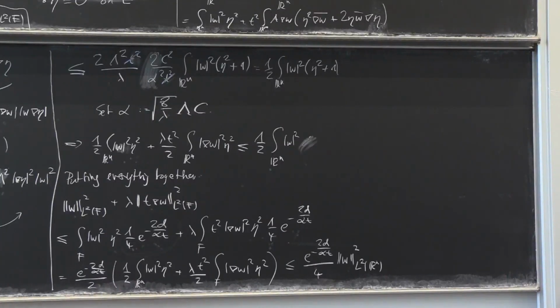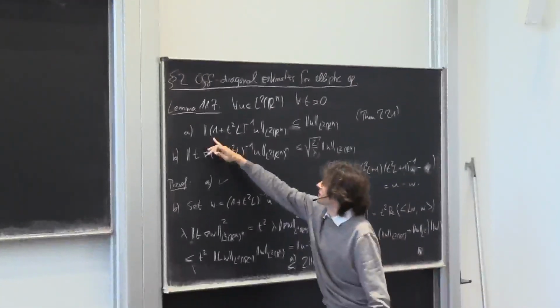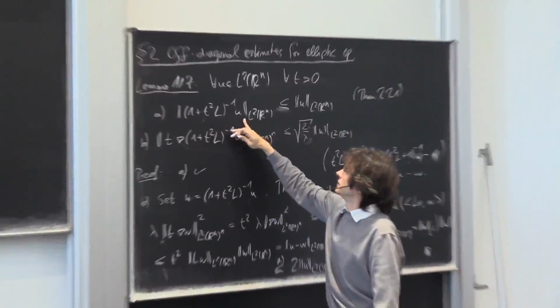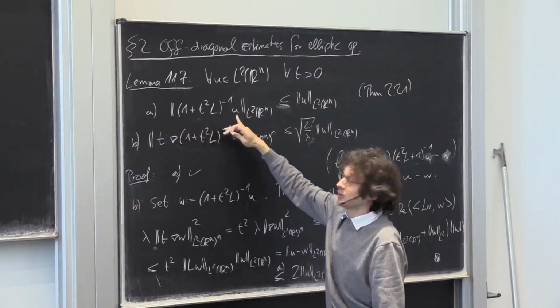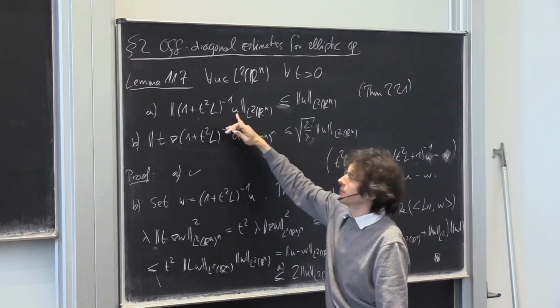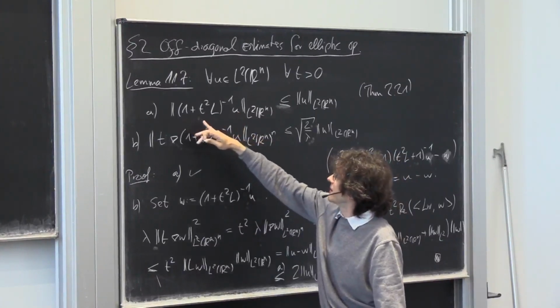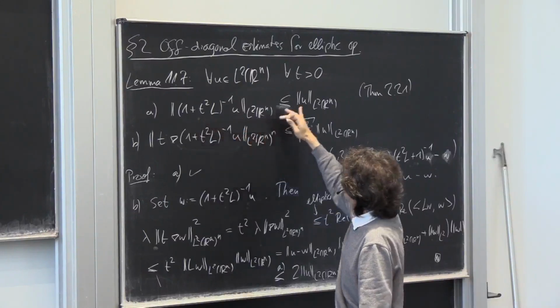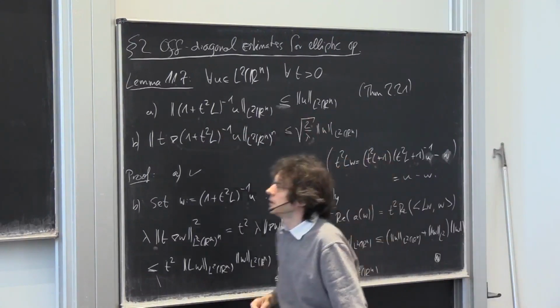But this is again where our lemma 11.7 comes in, which tells us that this is W. The resolvent applied to U is W. And 11.7 tells us that W on L2 can be estimated by U on L2.